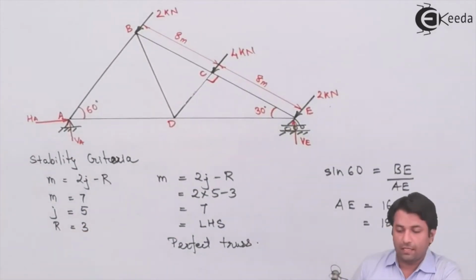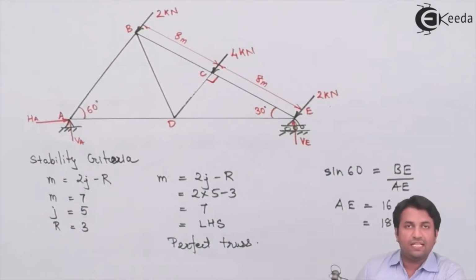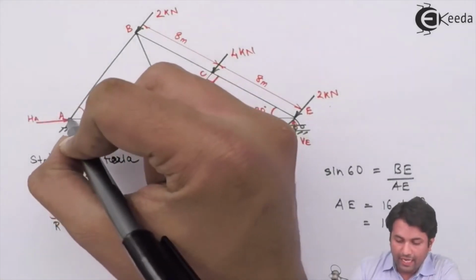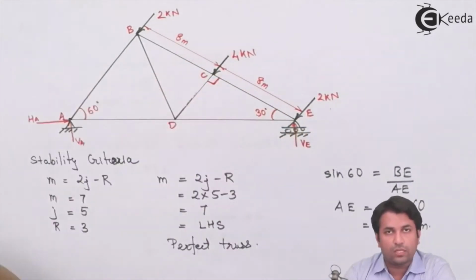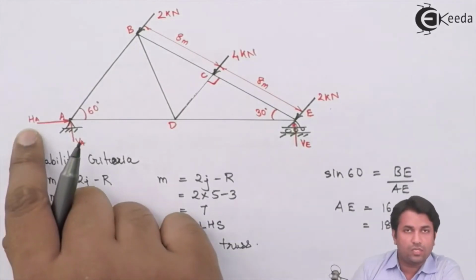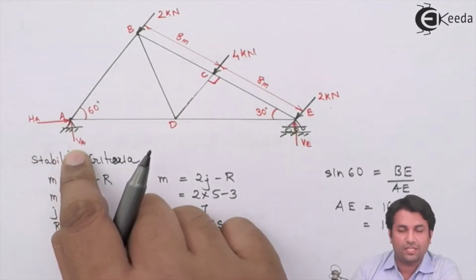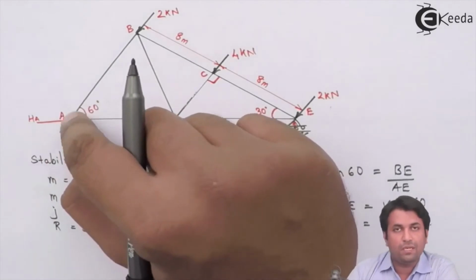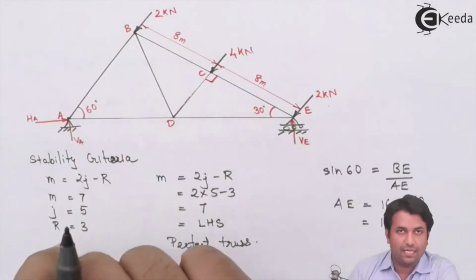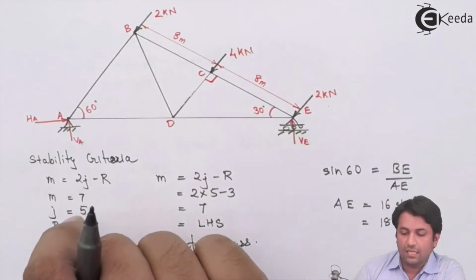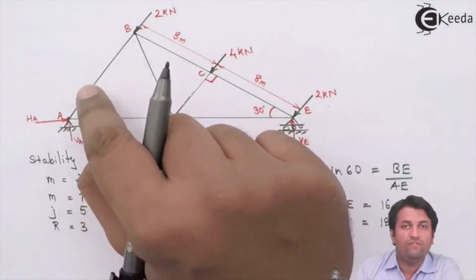Now, coming back to the original figure. Now in this case, when I see joint A is having 4 forces. One is the horizontal force reaction, vertical force reaction, and the force in member AB and force in member AD. Now what happens in this case is these two are the unknown forces.